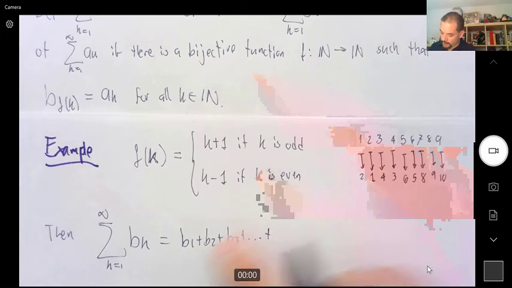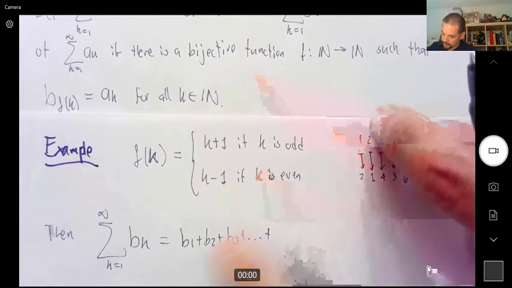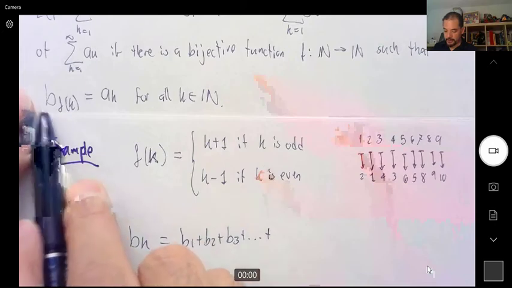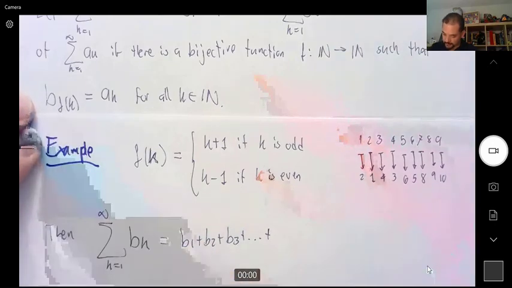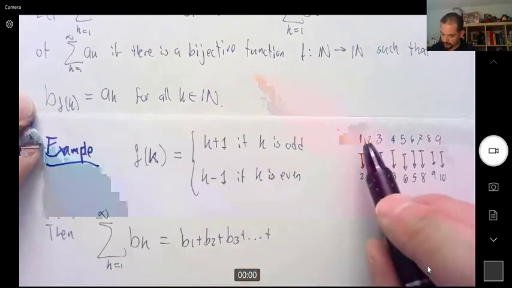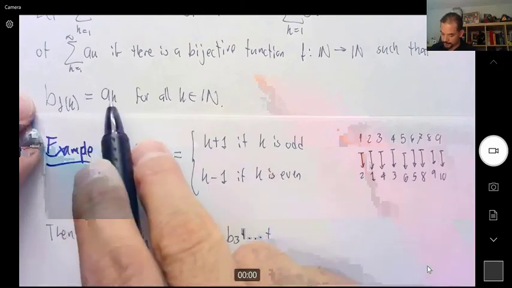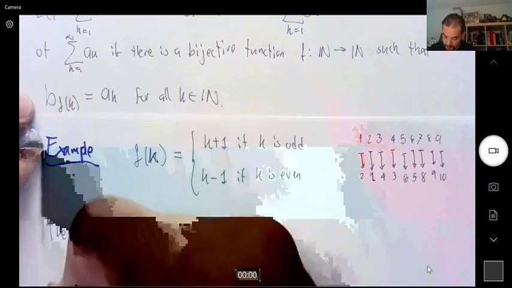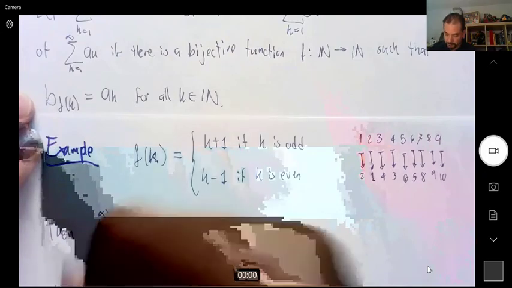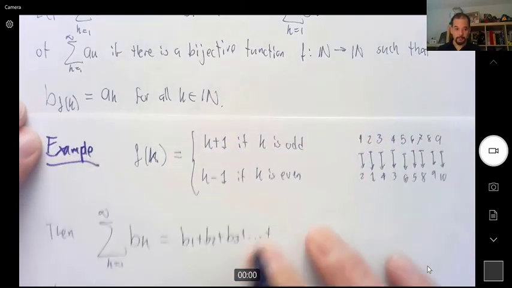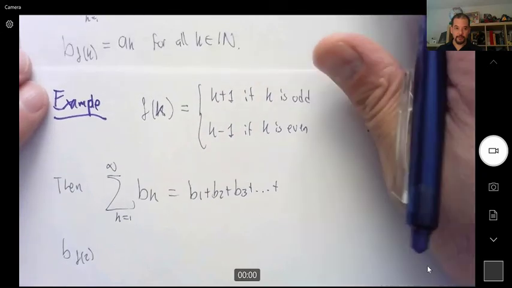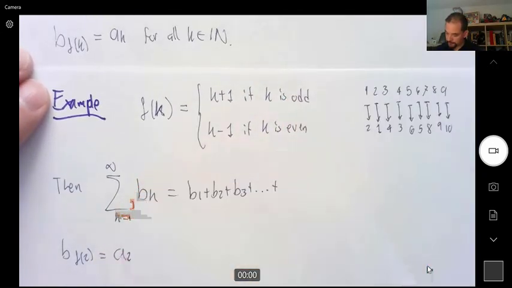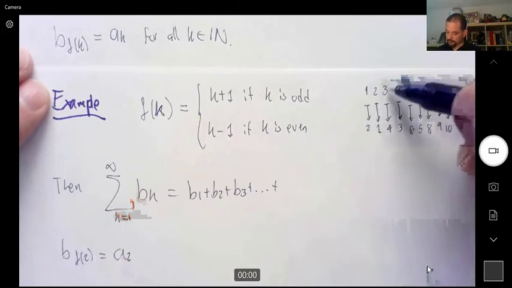Well, b1 is going to be a2, because look at the definition. So what is b of f of 1? I mean, f of 2. So over here, b of f of 2, if I plug 2 in here, is supposed to be a2, right?